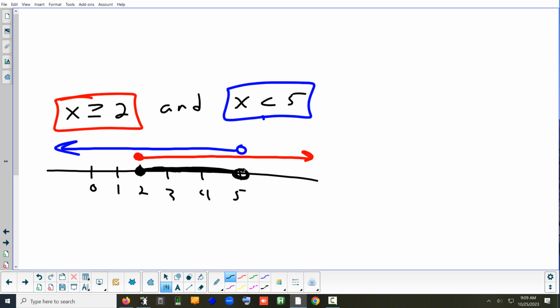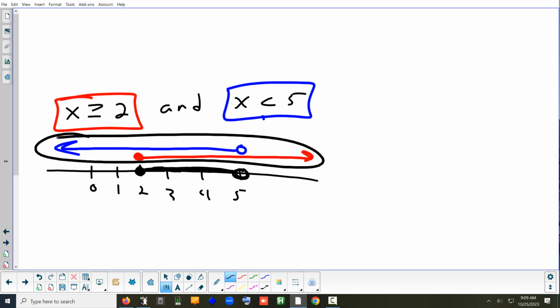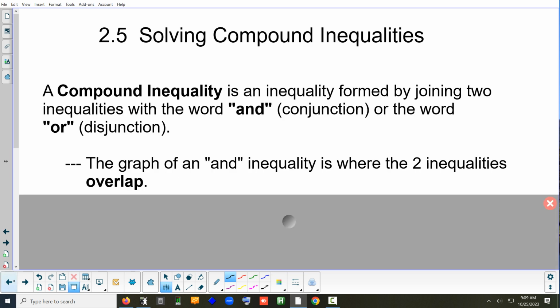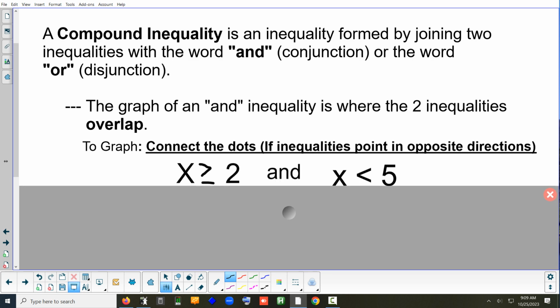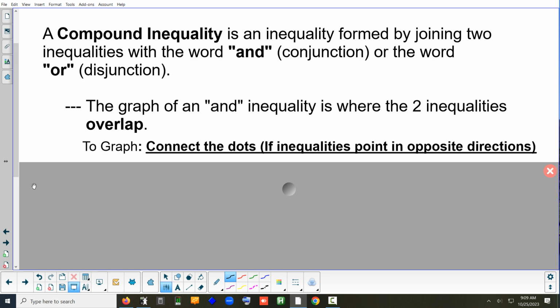So a lot of times, I don't even need to do this work up here. I can tell if I just put my two circles and then shade in between them. That's what an and is going to look like. So let me write that down. So to graph an and, we're basically just connecting the dots.